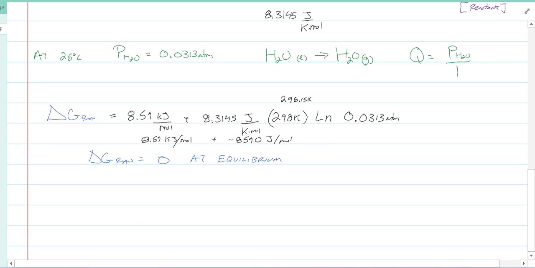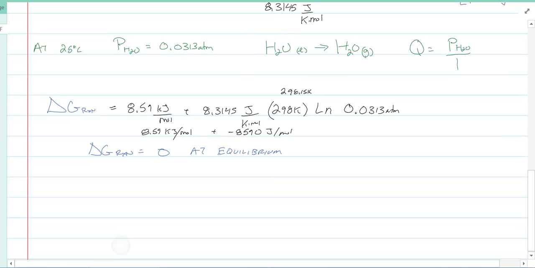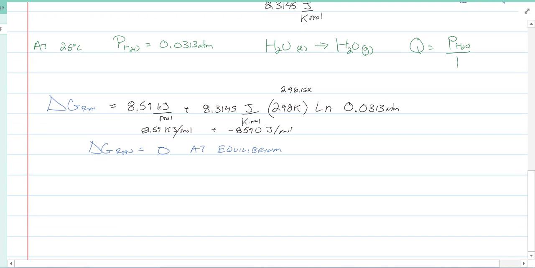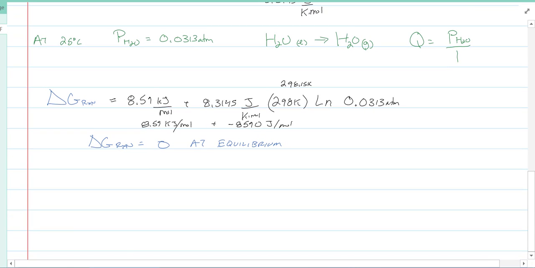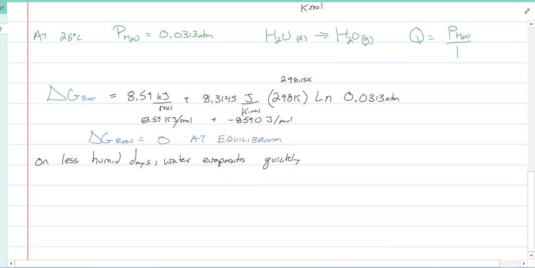And on less humid days, water evaporates more quickly.